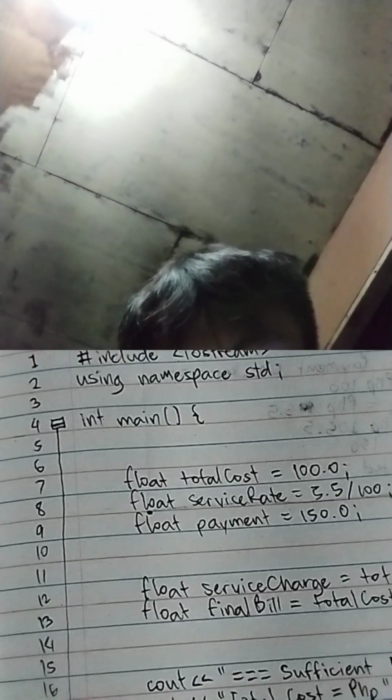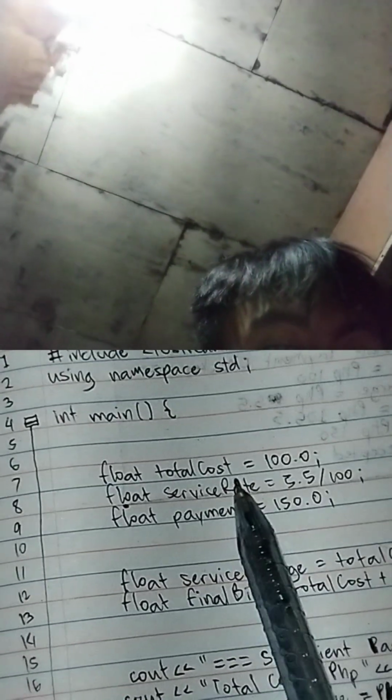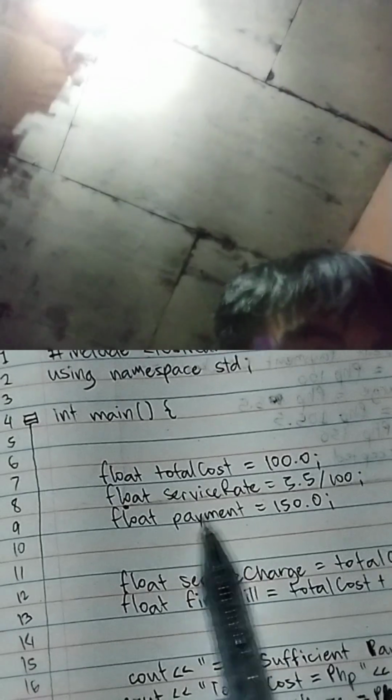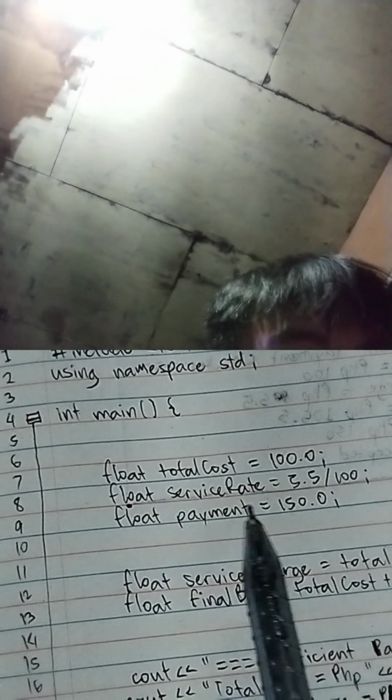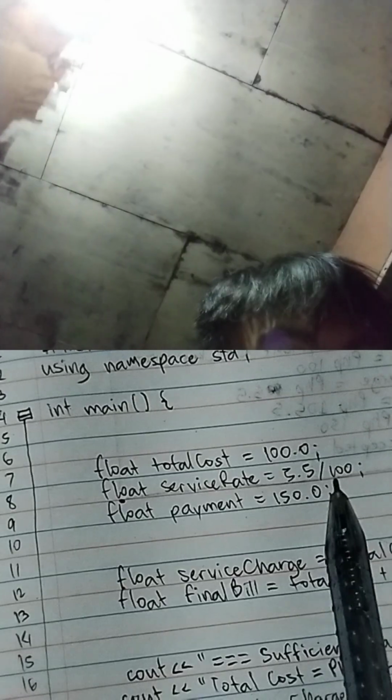So float, the variable is total cost, and 100.0 is the value. Float again, service rate, 5.5 divided by 100.